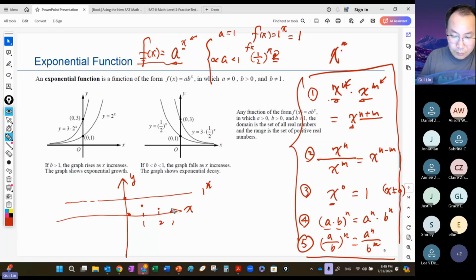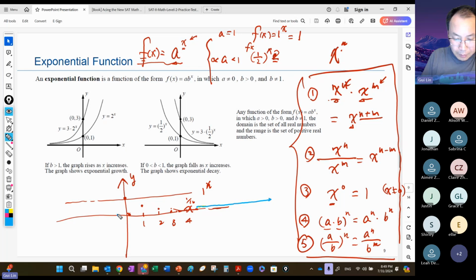If 3, 1/8. The bigger this number, the closer to 1/16 and so on. So you can see the values get closer and closer to 0, very close to touching.